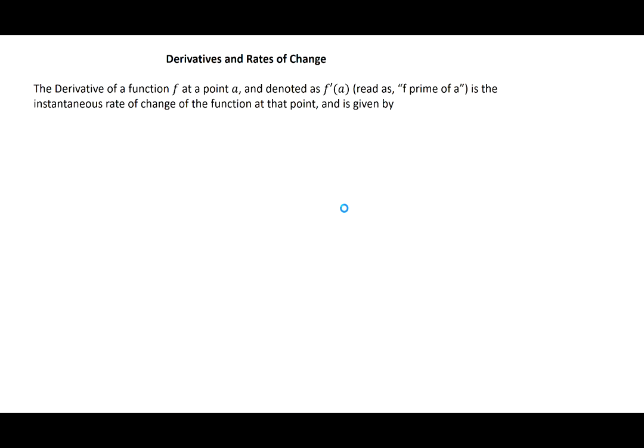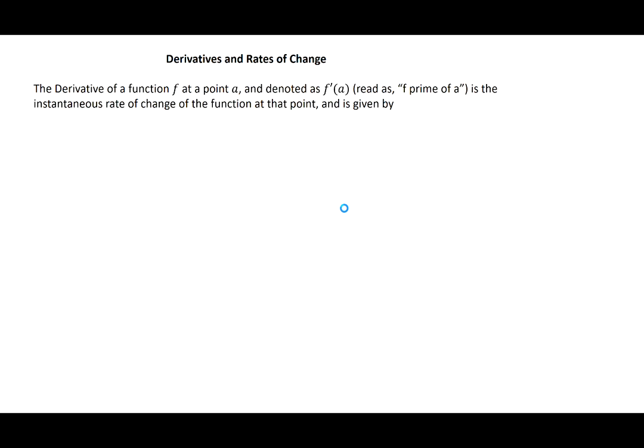And here is the idea. The derivative of a function f at a point a, denoted as f prime of a, is the instantaneous rate of change of the function at that point.